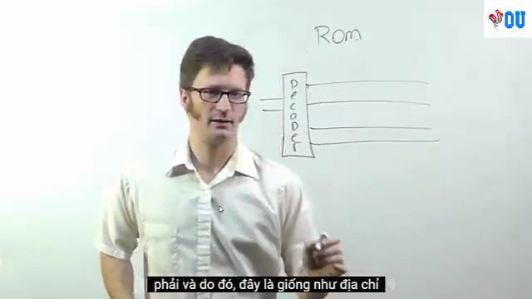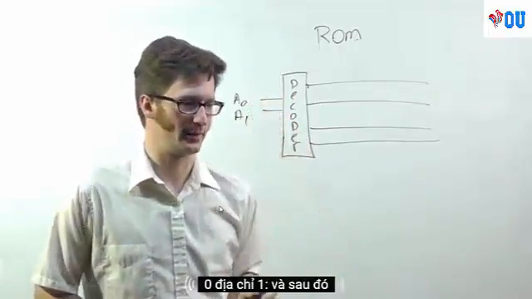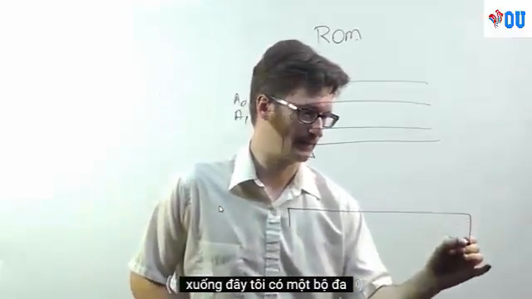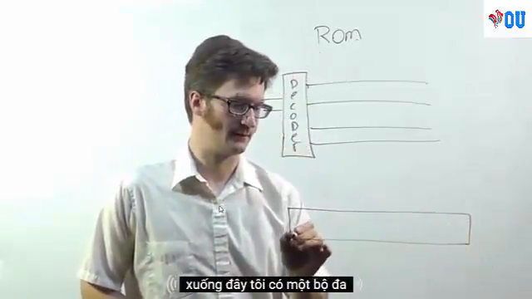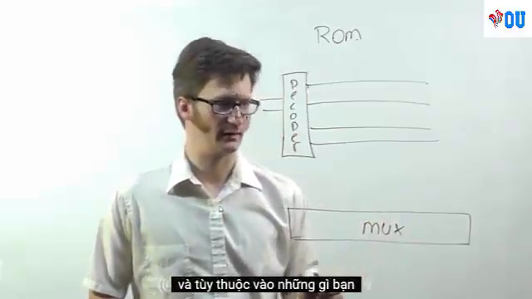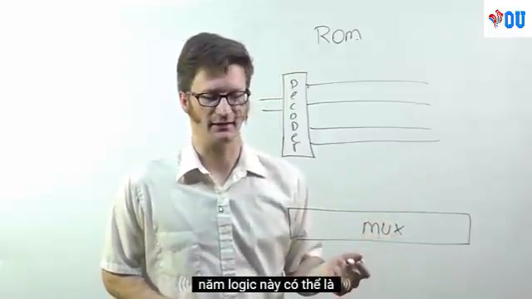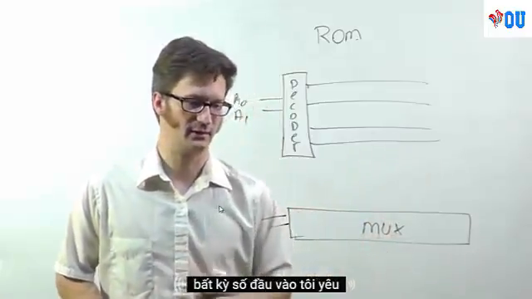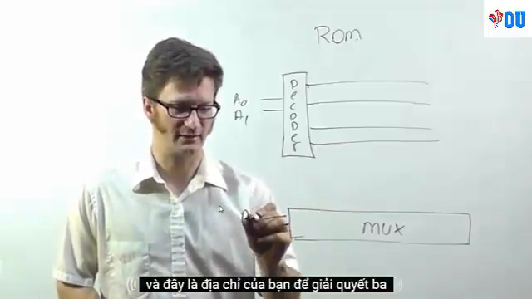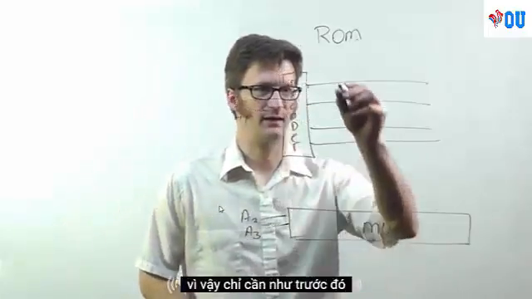And so this is like address 0 and address 1. And then down here, I have a multiplexer. And depending on what your logic is, this could be any number of inputs, and this would be your address 2, address 3.